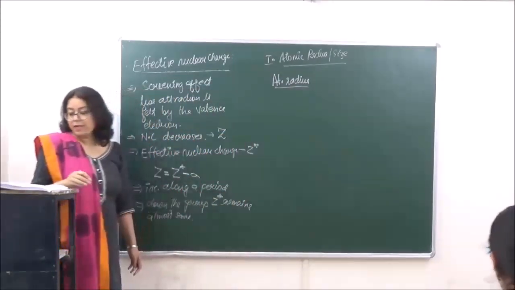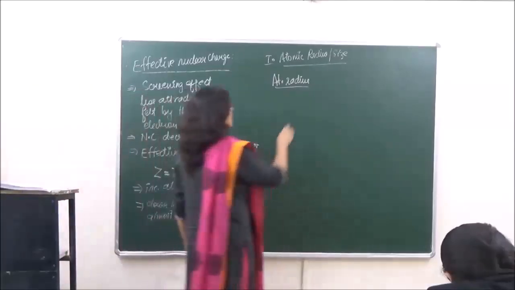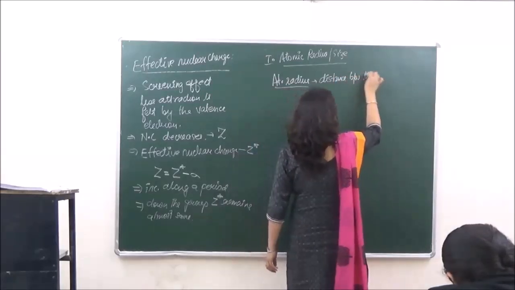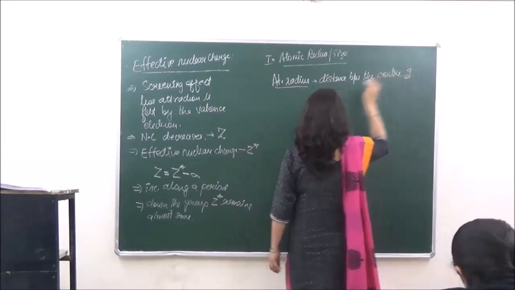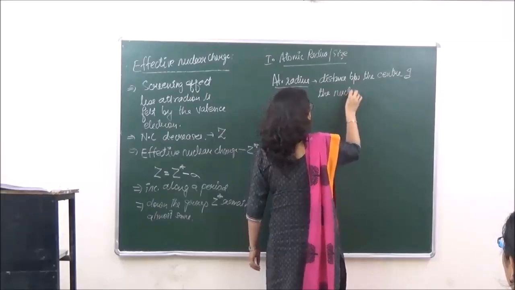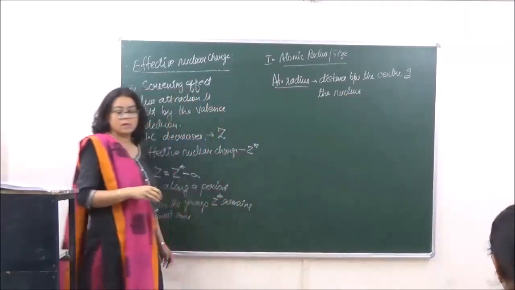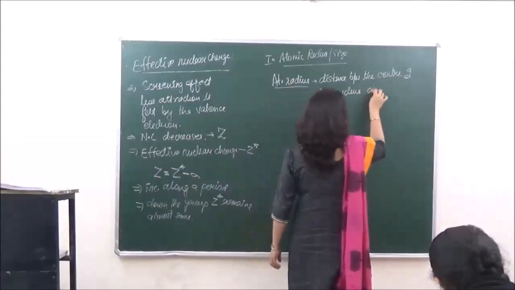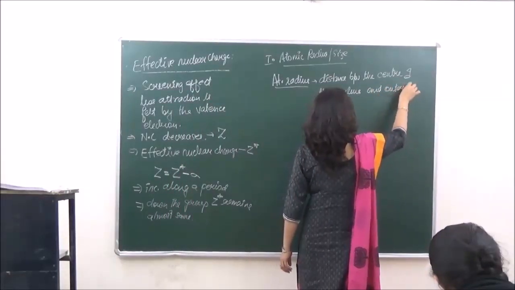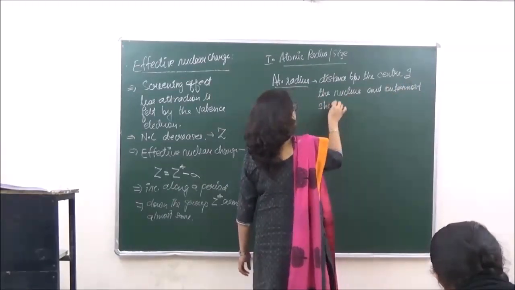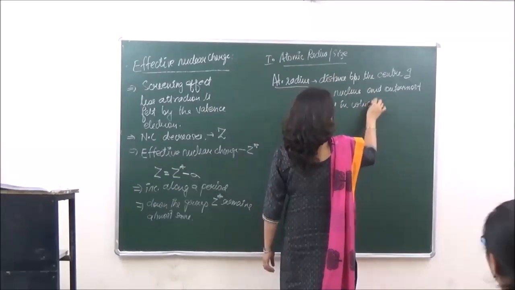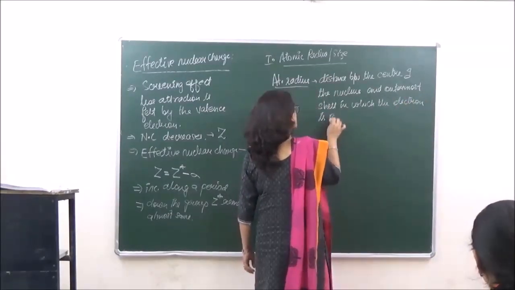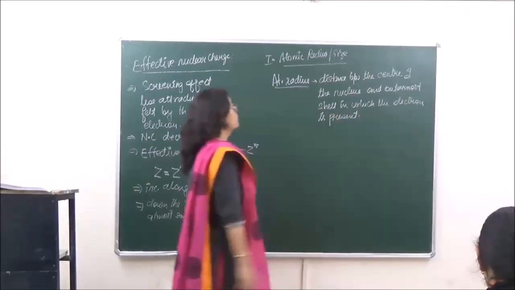So you can write down, atomic radius is the distance between the center of the nucleus and the outermost shell in which the electron is present.